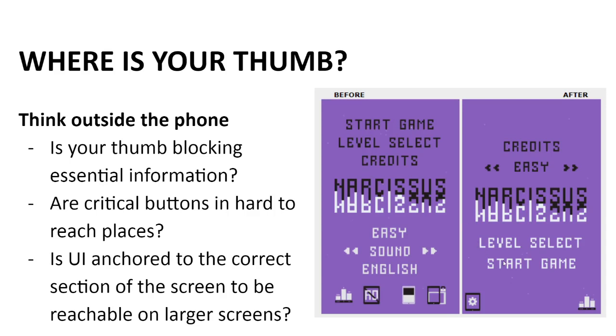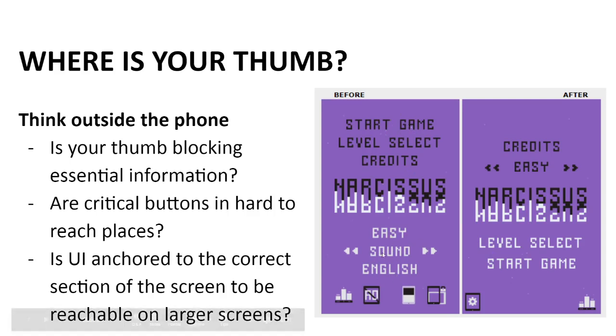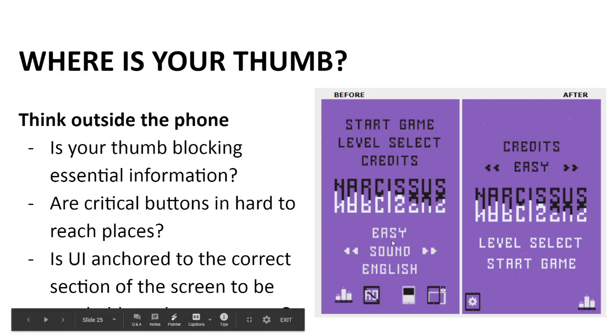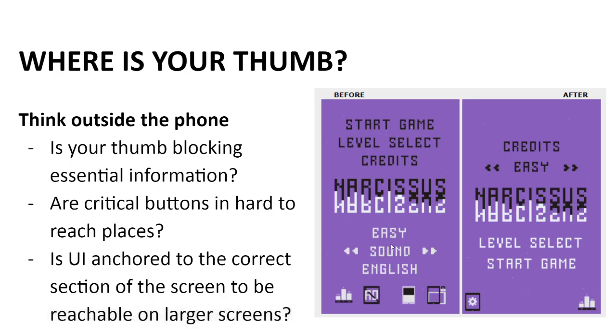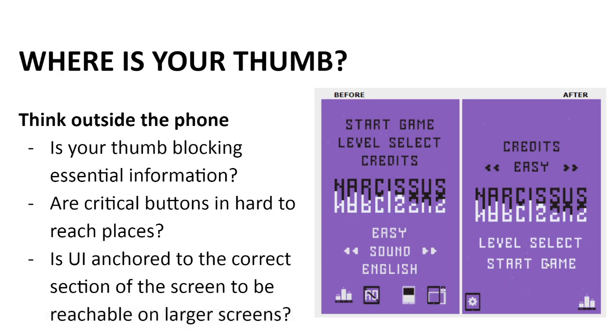Also, with the button being in black, it blends into the background more compared to these settings menu elements, which are in white. So what I did was flip this over, so the start game button was the easiest button to access, and I set it in white. So it was very, very easy to access.